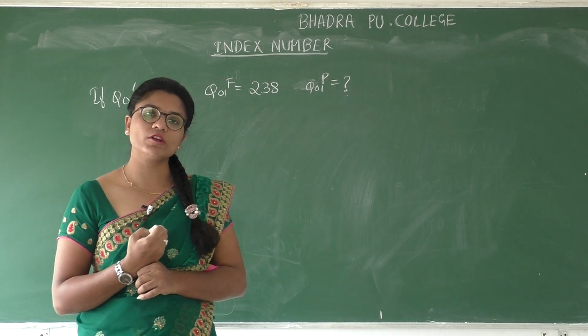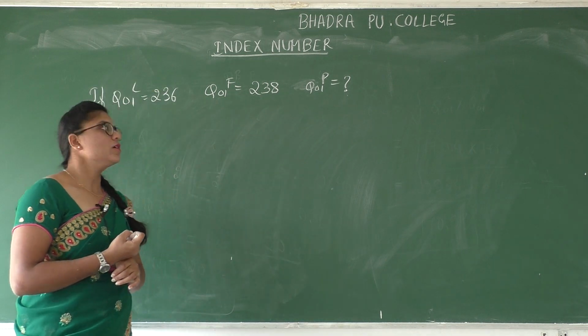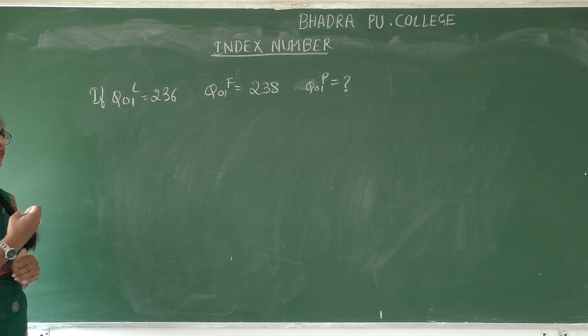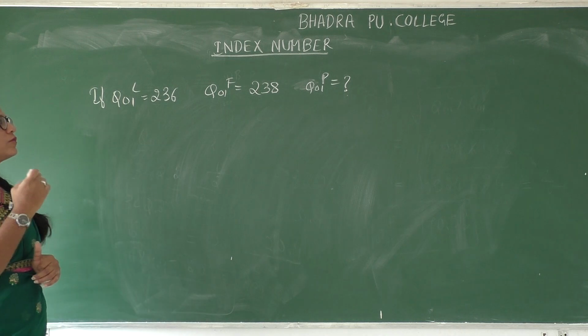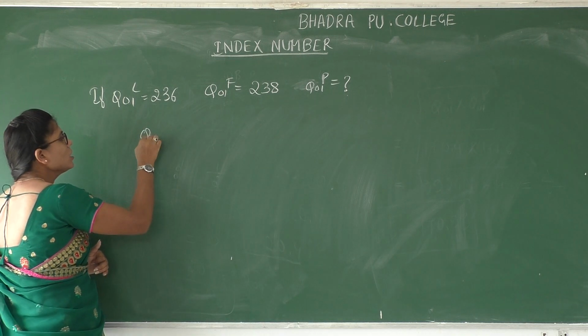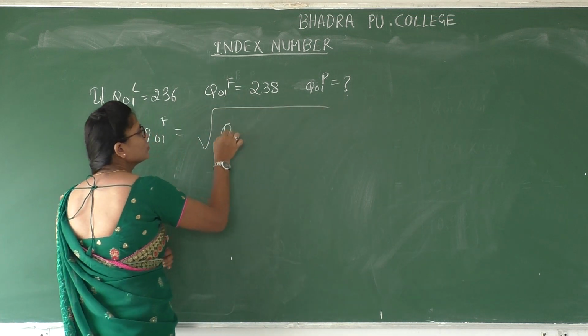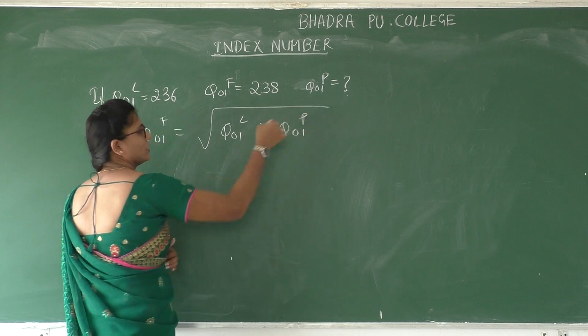So we need to calculate Paasche's quantity index number. So we know the formula for Fisher quantity index number. So what is the formula for Fisher quantity index number? Q01F is equal to square root of Q01L into Q01P, right?